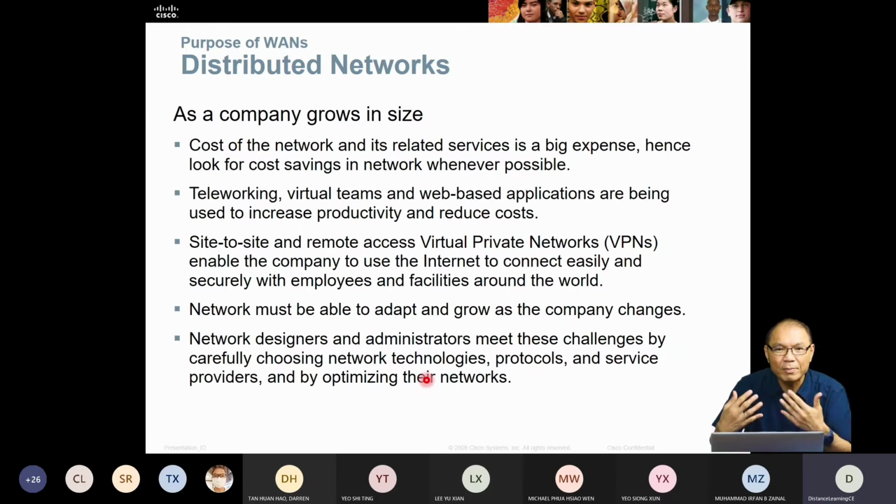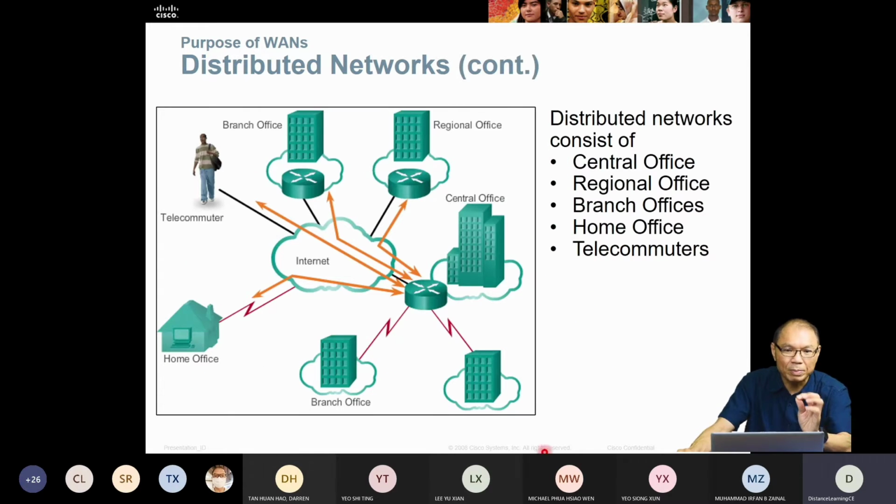So if I am an organization, I have branches all over the world, of course I would like to choose the best network connectivity and also the cheapest, and also the one that solves my problem. So that's basically the purpose of wide area network.